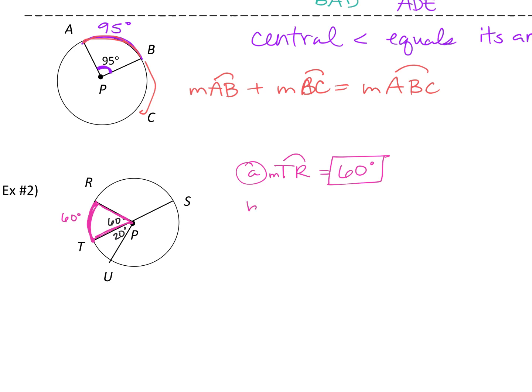Okay, letter B. What is the measure of arc TRS? So from T through R over to S. 180. It is a semicircle, right? That is half of a circle. So 180 degrees.